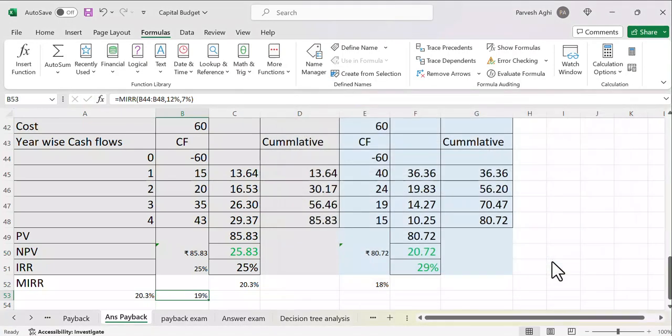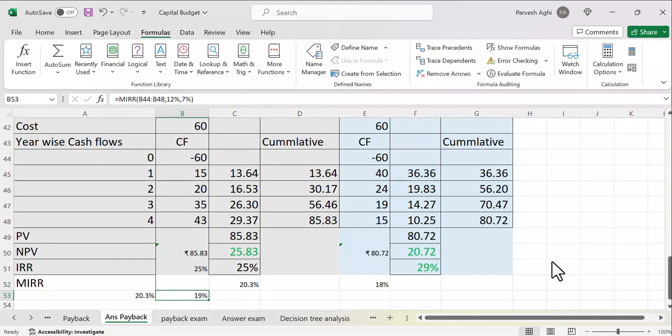Then what will be the return of the project? 19%. So here we have assumed that the company doesn't have any project. Where was the money put? In a bank fixed deposit at 7%. So the return goes down to 19%.